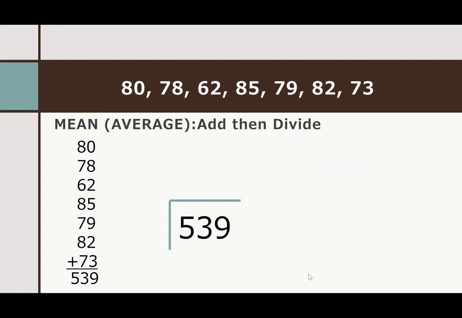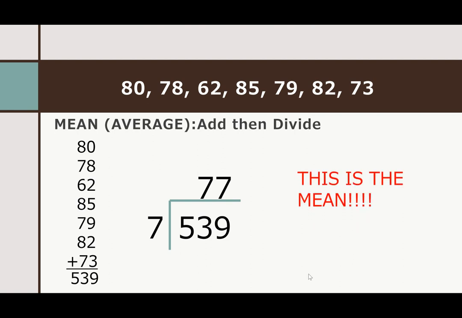There's 7 grades in our data set, so we're going to divide 539 by 7. And we get 77. 77 for this data set is the mean. It's the average. It's what you would have in someone's class if these were your test scores. So that is the mean. We add up all the numbers and then divide by the amount of numbers in our data set.